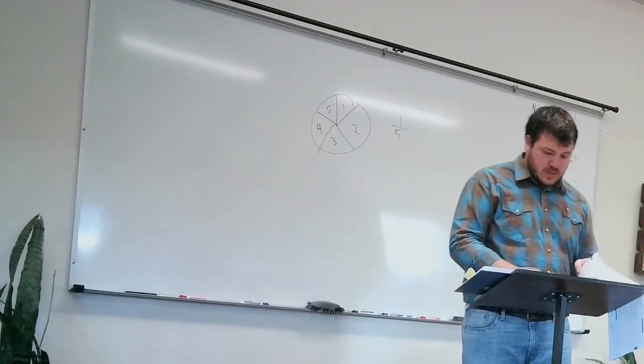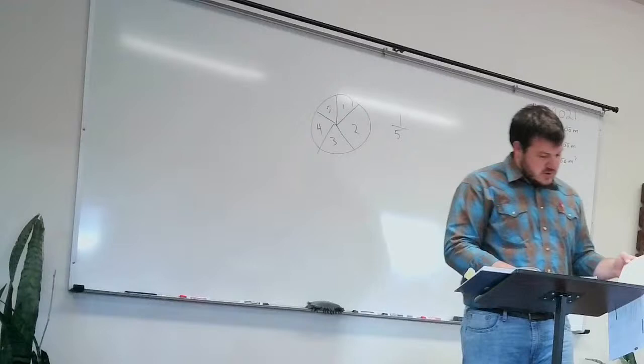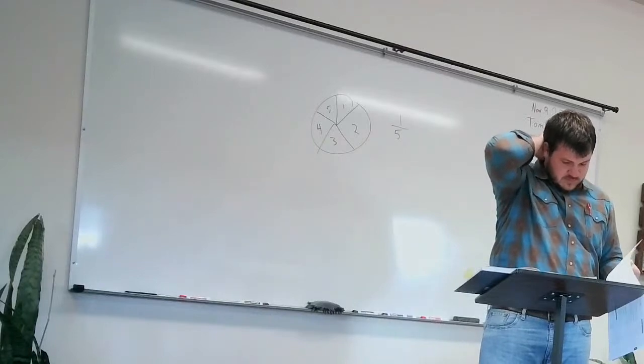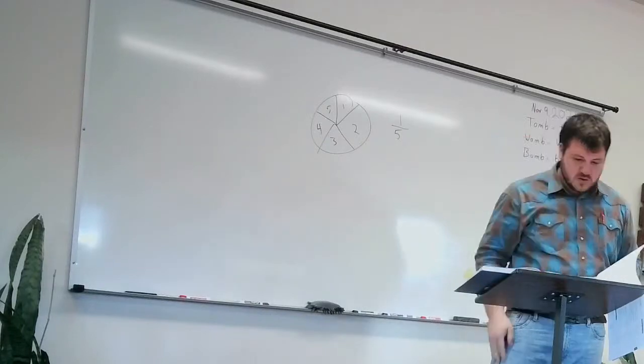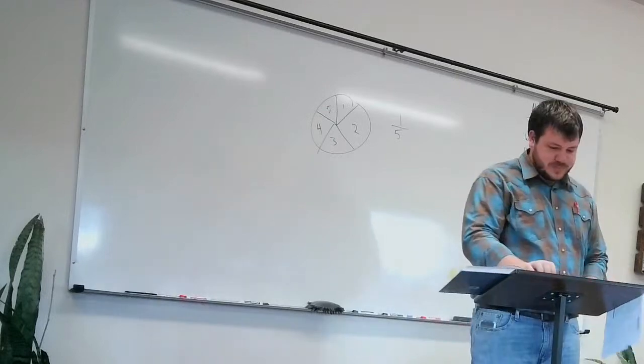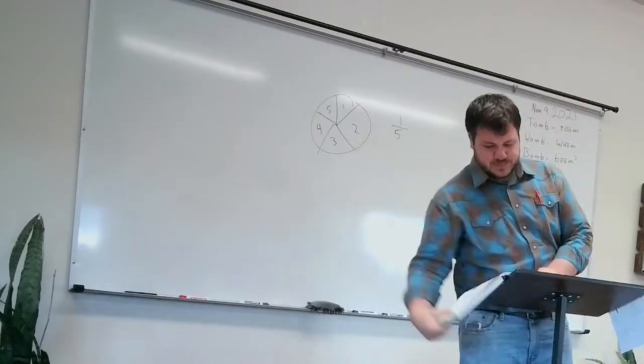Now I just have to figure out the easy. Shouldn't take too long. Yes, you just have to remember to multiply both sides. The whole thing needs to be multiplied. All right.